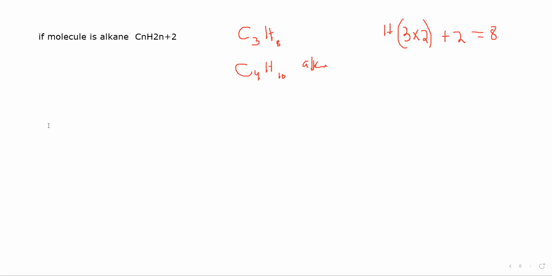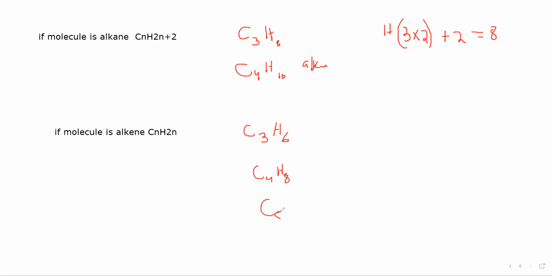And if it was alkene, the general formula of alkene is CnH2n. It means that the number of hydrogens is always twice the number of carbons. If I write C3, 3 multiplied by 2, so C3H6. If I write C4, then it will be H8.